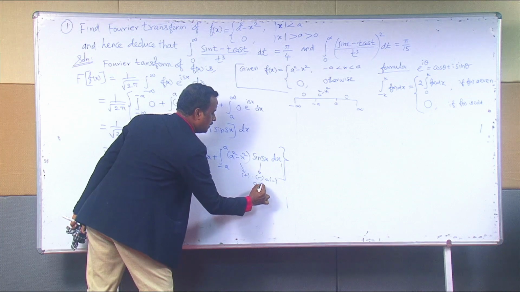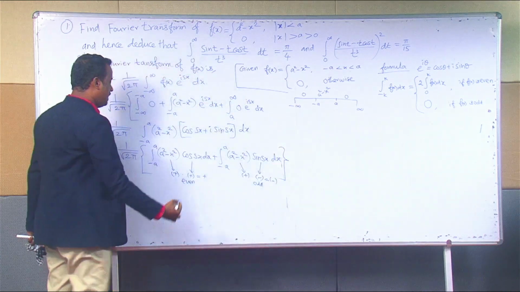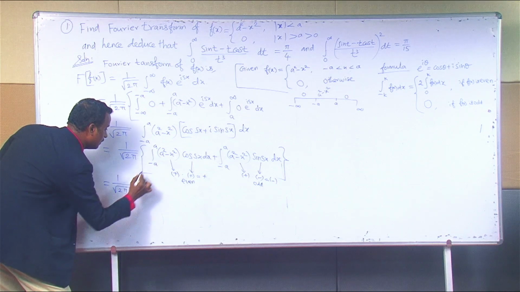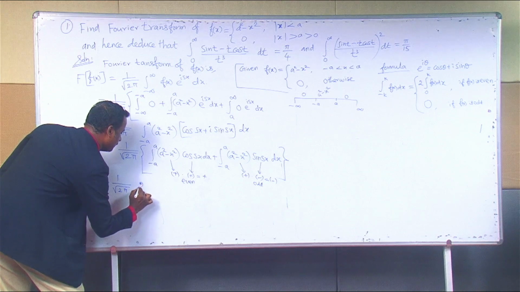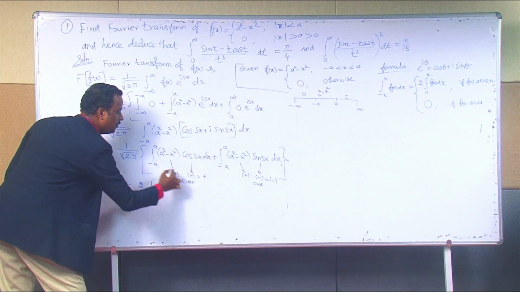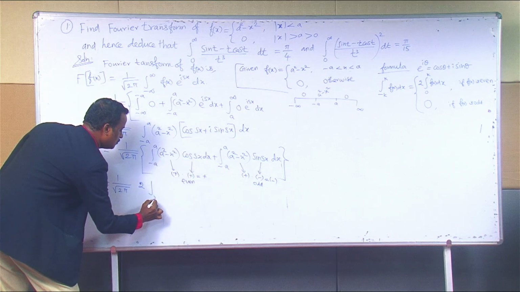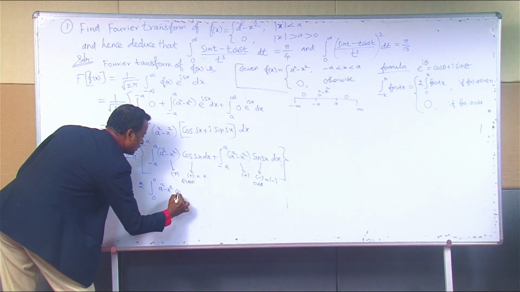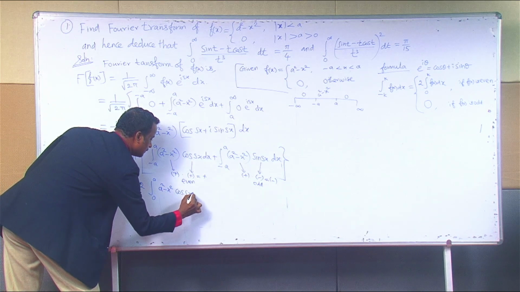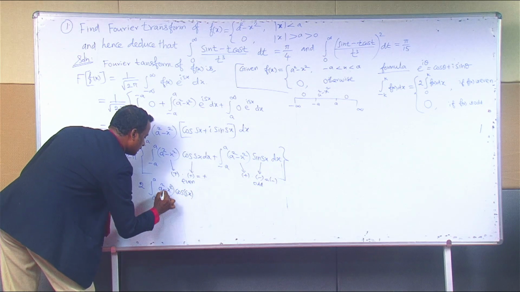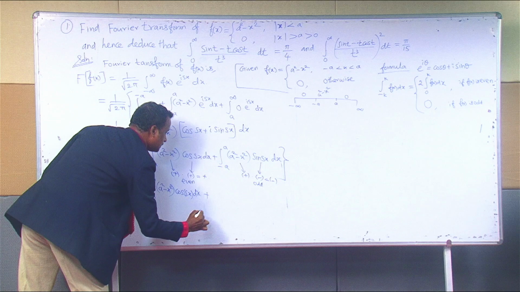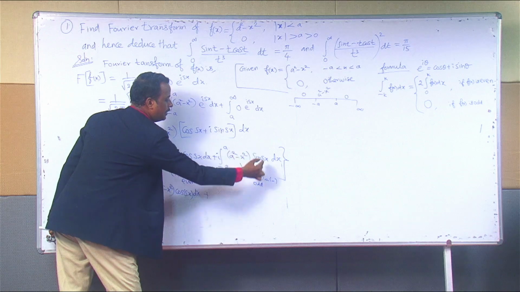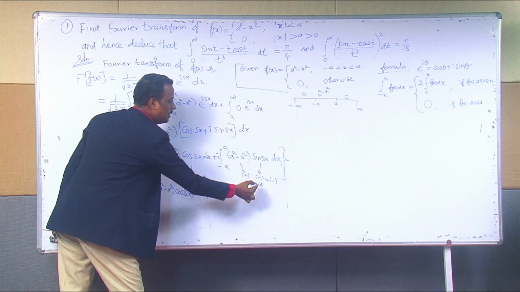So the first function is even, then we can write it as 1 divided by root of 2 pi into 2 times the integral 0 to a of a square minus x square into cos sx dx, plus i into the second integral, where the integrand function is an odd function.